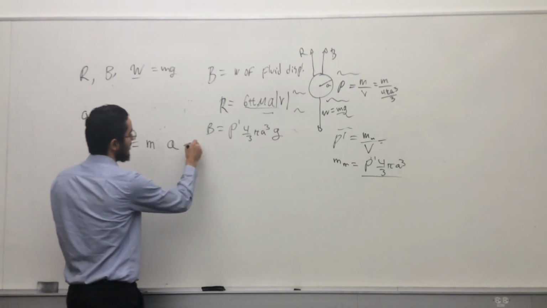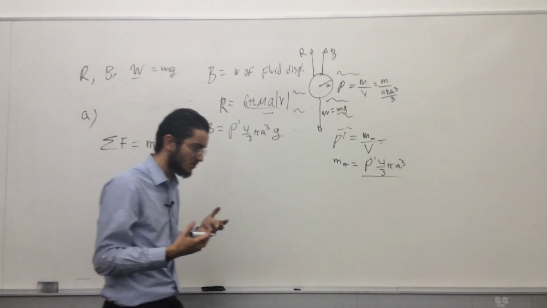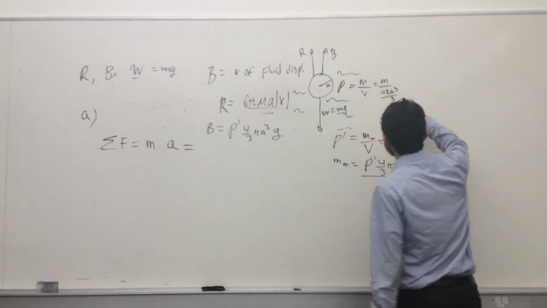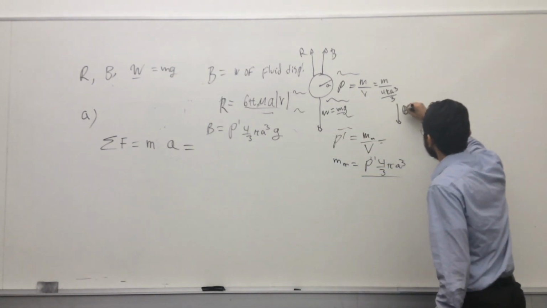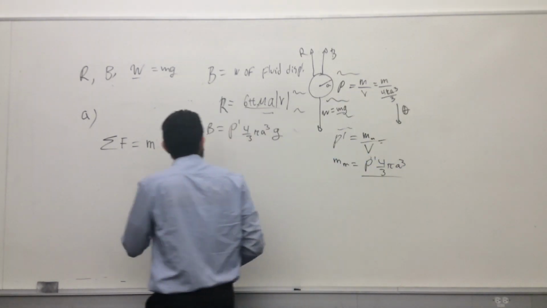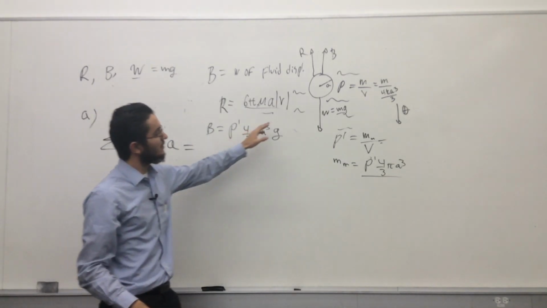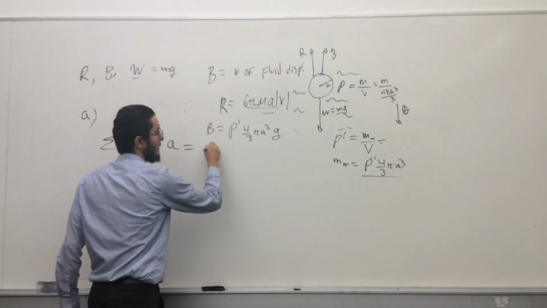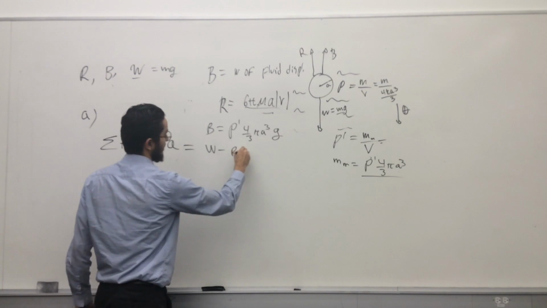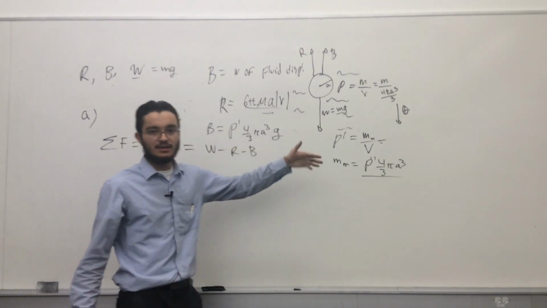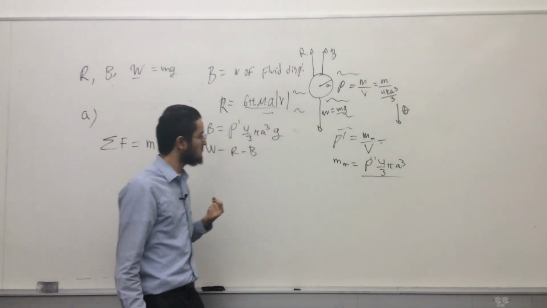Now, that's going to be equal to, if we choose the direction of motion to be positive in the down direction, then we can say the following. The sum of the forces will be W minus R minus B, because we're choosing the down direction to be positive.